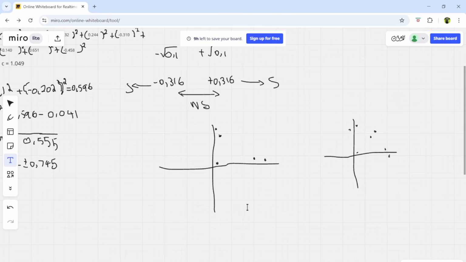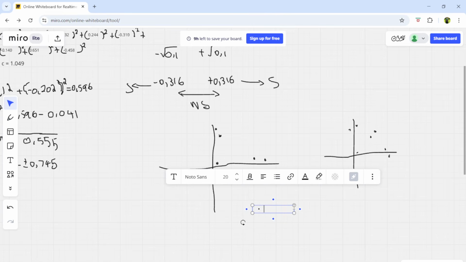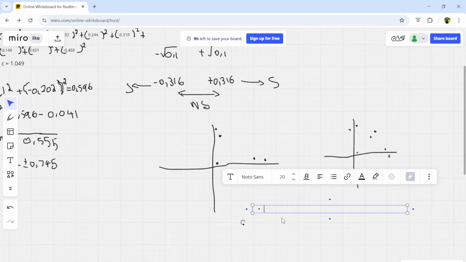So meaning now there are three conditions to a successful rotation. Let me just reduce this a little bit, and yeah, there are three conditions. Number one, points should be closer to the origin.